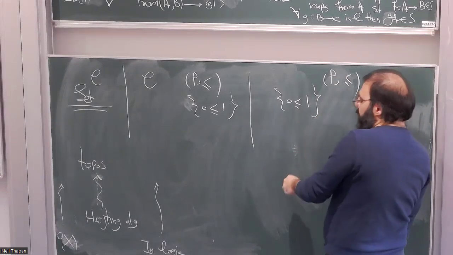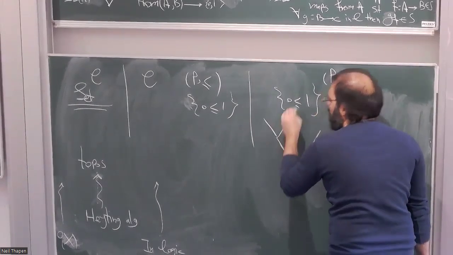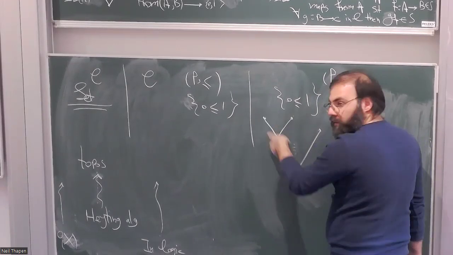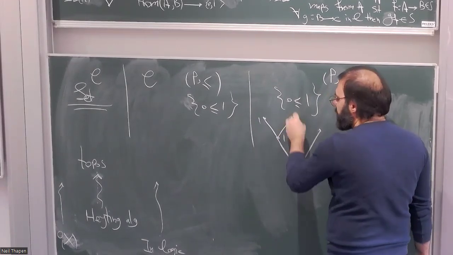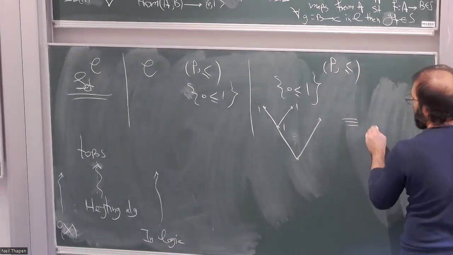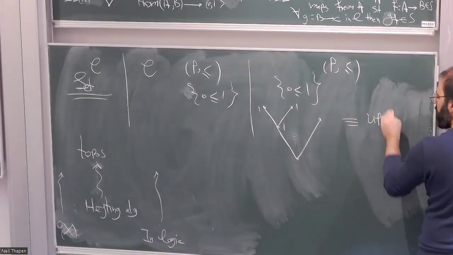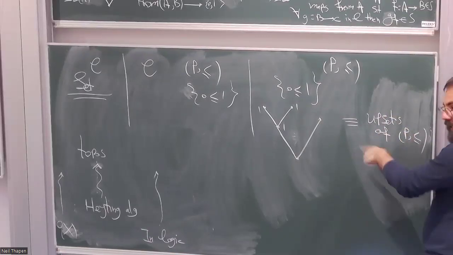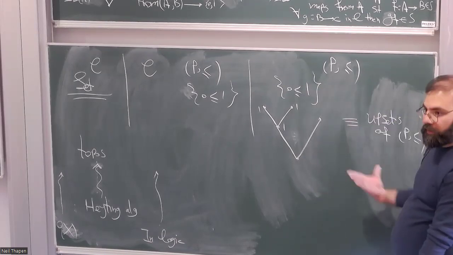What is an order preserving map over a poset to 0, 1? You are assigning 0, 1 to the elements such that if you assign 1, then it is 1 everywhere, right? So this is simply just the opposites of P, right? The set of all opposites. Any map here is an opposite.